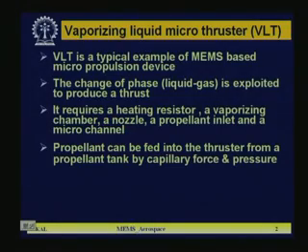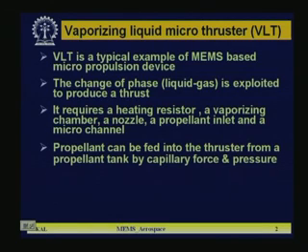It requires a heating resistor, a vaporizing chamber, a nozzle, a propellant inlet and a micro channel. These are the components of the microthruster. You have to have a heating element resistor. It may be embedded or it may be a surface thin film resistance, which can be powered to heat any propellant.